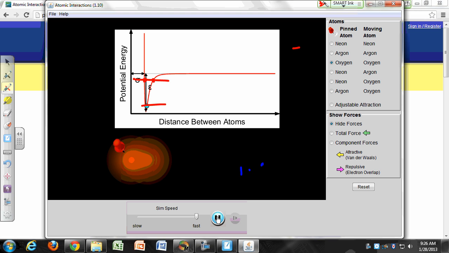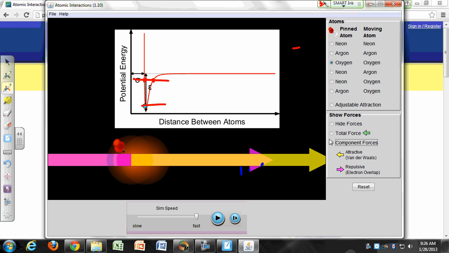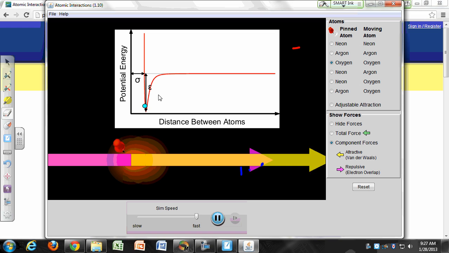Now, if you did this animation, you can show the forces involved here: attractive and repulsive forces as the atoms move closer to each other and away from each other. So this is what you might see. If I release that, it's too fast.